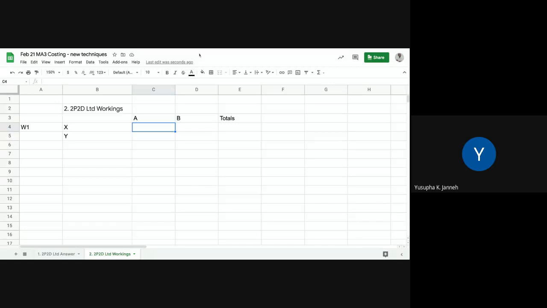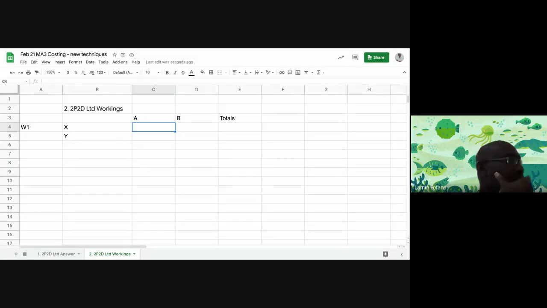I think it's going to be the time per unit for department X multiplied by the budgeted number of units of product A. Good. The time per unit in department X means that to produce each unit of product A in department X, we need 4 hours.